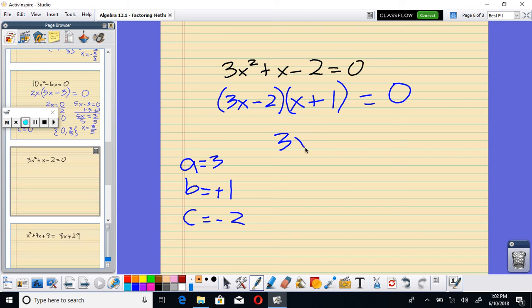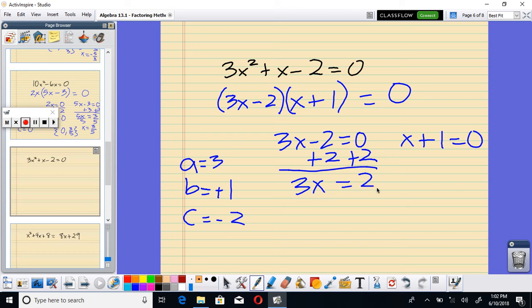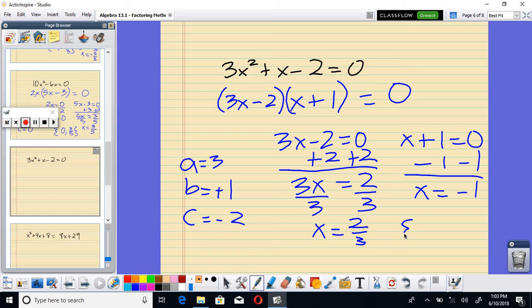Each factor is equal to 0. Add 2 to both sides. Divide by 3. So the first solution is 2/3. Okay. So 2/3 and negative 1.